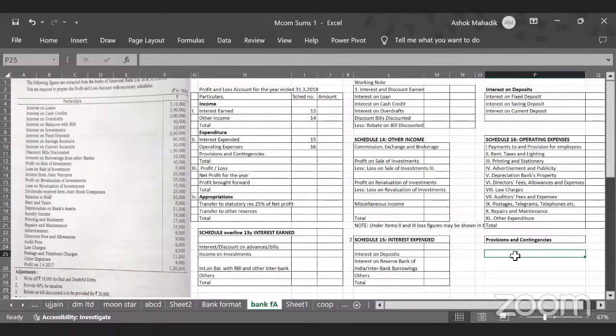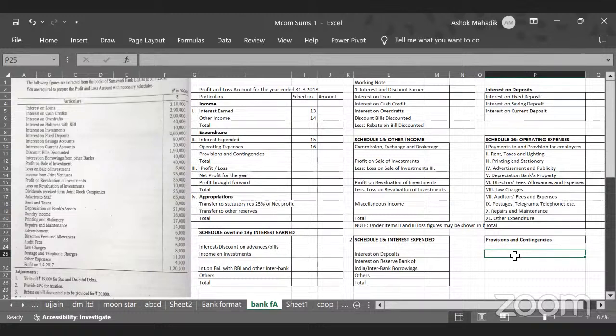See, if you get a tallied trial balance, then nothing like it. You will celebrate. Why? Because there will be many items marked as interest, so you will always be confused whether it is schedule 13 or 15. But if you get a tallied trial balance, a full-fledged sum of final accounts, you will be more happy. Why? Because they will show you whether it is on debit side or credit side.